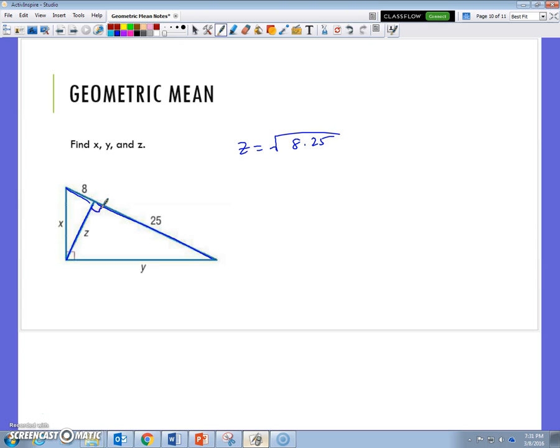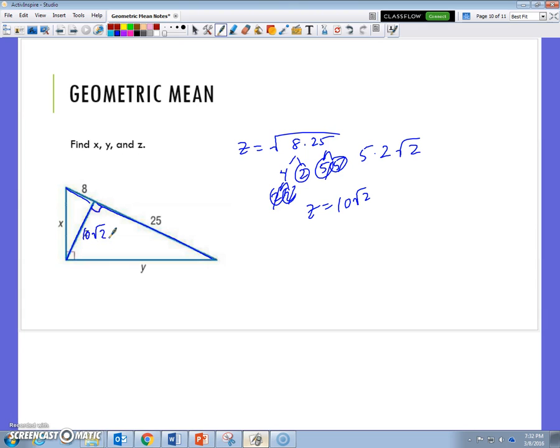So again, I could change that to 200, but why waste the time? And so I know that z equals 10 root 2. Okay, so we know z is 10 root 2.